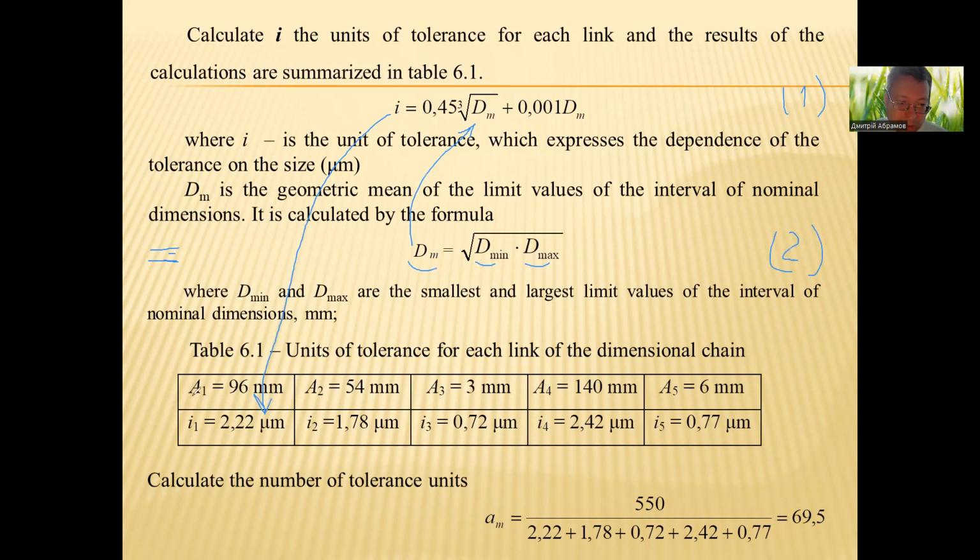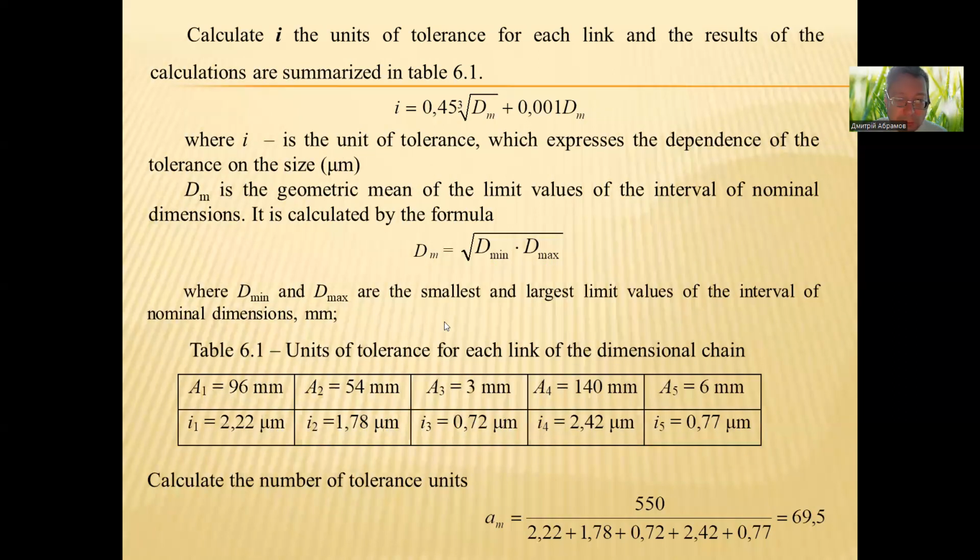For the link A suffix 1 with nominal dimension 96 millimeters, I suffix 1 will be equal to 2.22 micrometers. Then we continue our calculation. A suffix 2 is 54 millimeters.